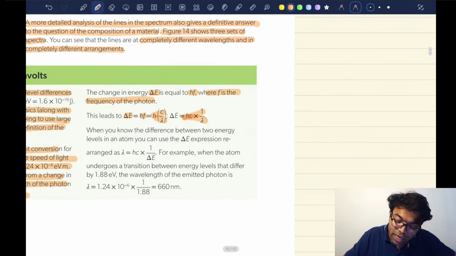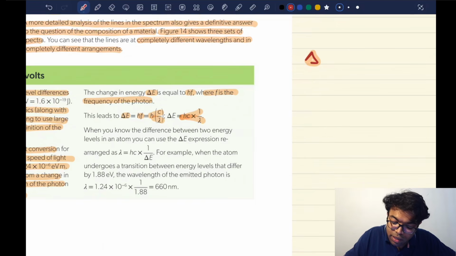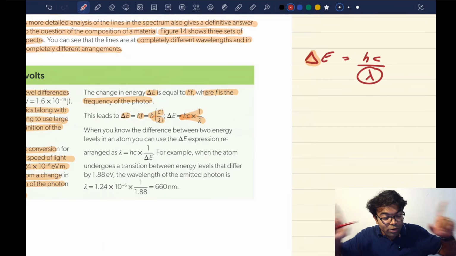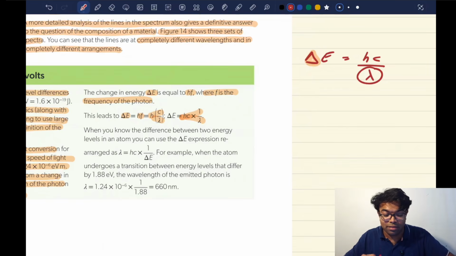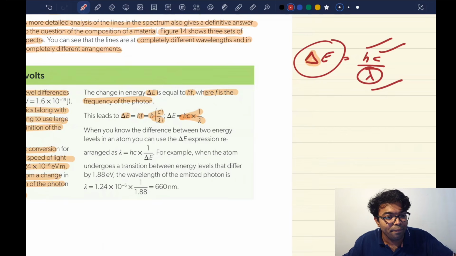So you know that delta E, the energy that was required to move from the lower to the higher energy level, is equal to hc by lambda. What is lambda? Lambda is the missing wavelength. Exactly. You know the value of c, you know the value of h, you know the value of lambda, so you can calculate delta E.